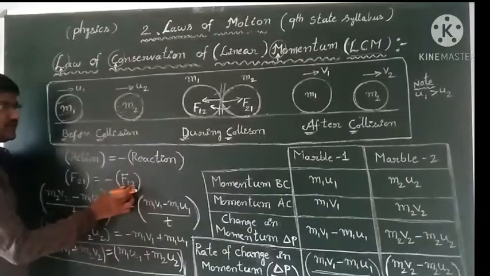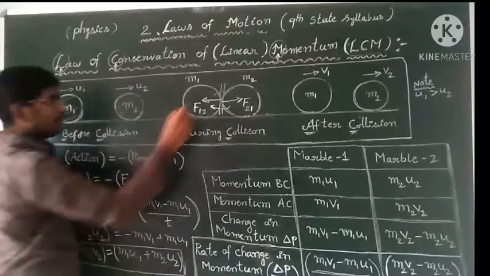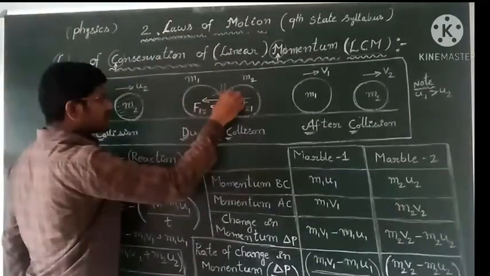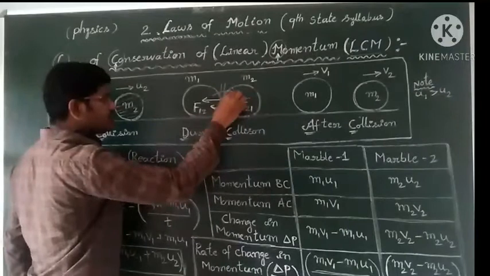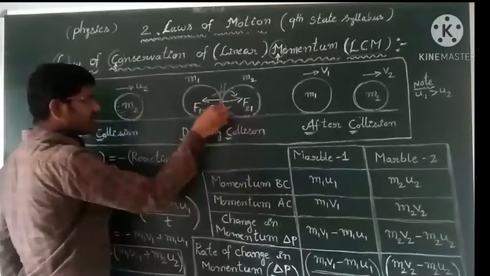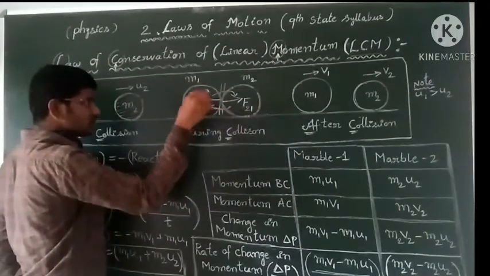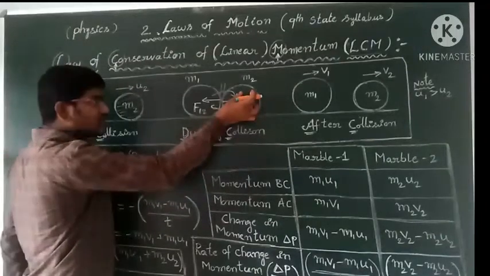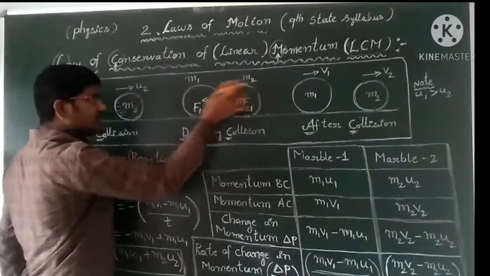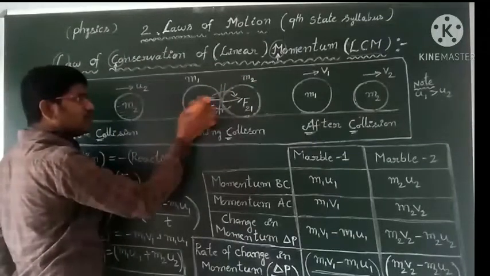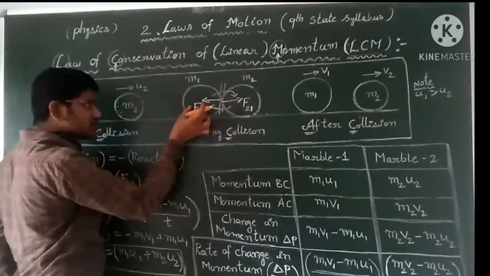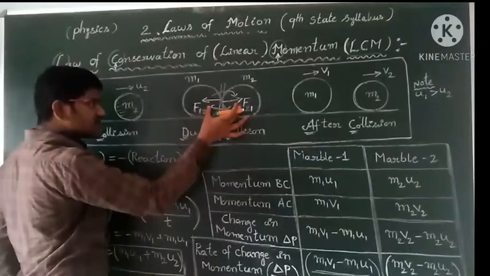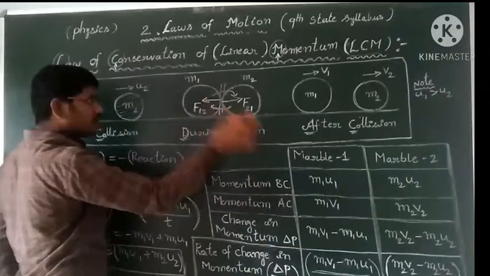So we know from Newton's third law of motion that if the first body exerts some force on the second, the second object will exert the same amount of force on the first body. So if this is the action force on 2, the reaction force will be on 1, which are equal in magnitude, opposite in direction, acting on 2 different bodies.